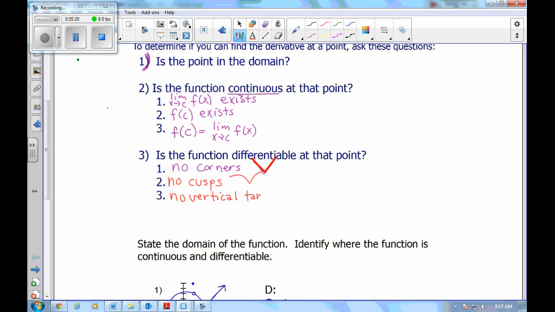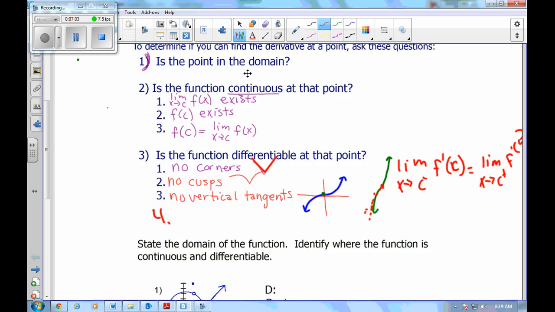Can you think of a function that has vertical tangents all over the place? It does have a vertical tangent, that's true. 1 over x, the reciprocal function. Do you have a trig function? Tangent, yep. And the last one is no discontinuities, like no holes, no jump discontinuities, no infinite discontinuities.